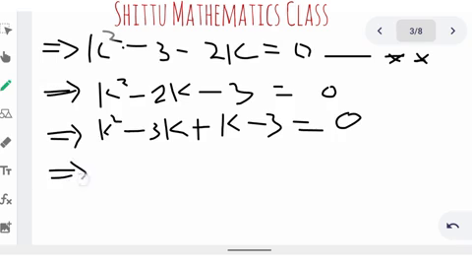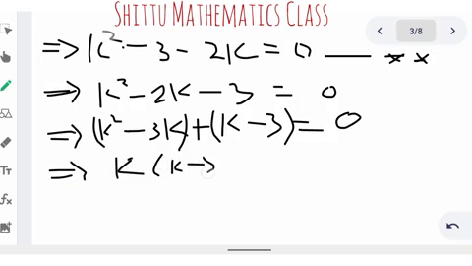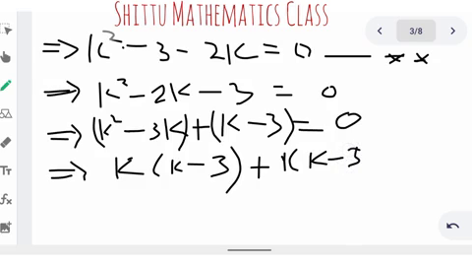Then by grouping, we have k into k minus 3, plus k, that is 1, because 1 is common here, times k minus 3, equals 0.